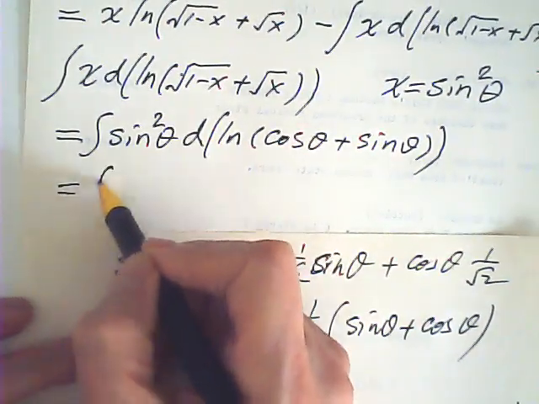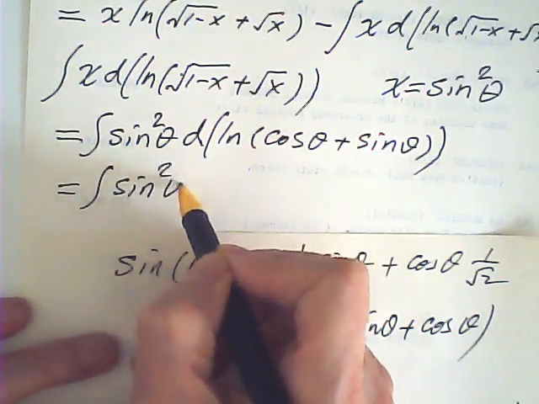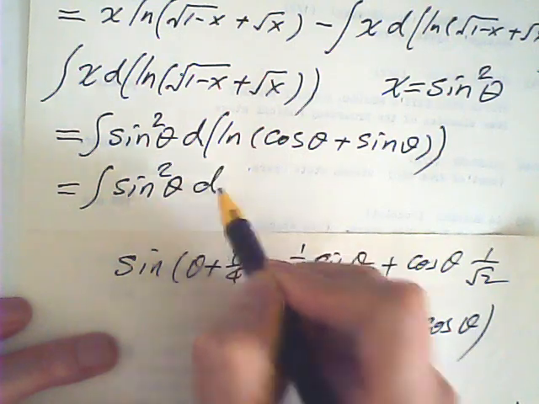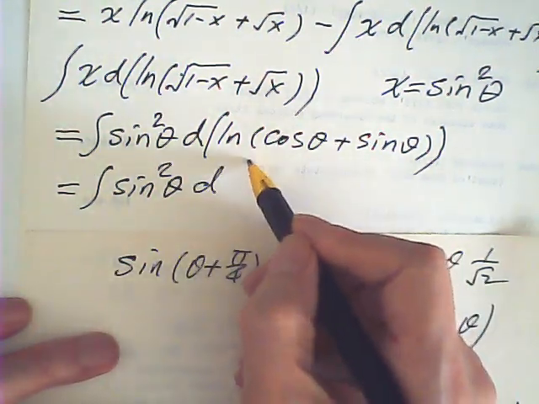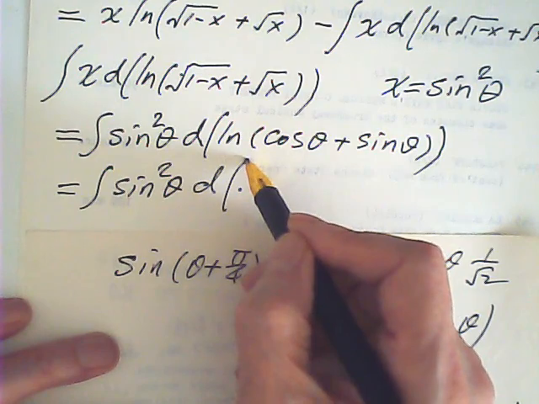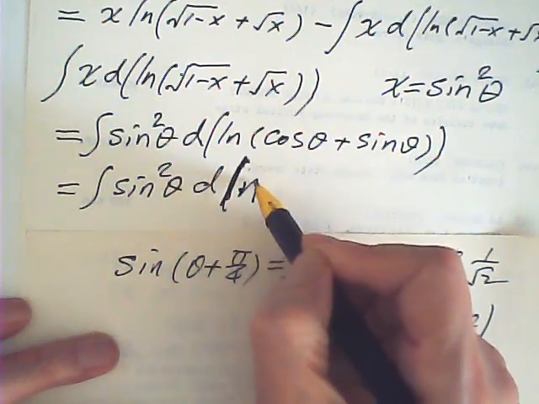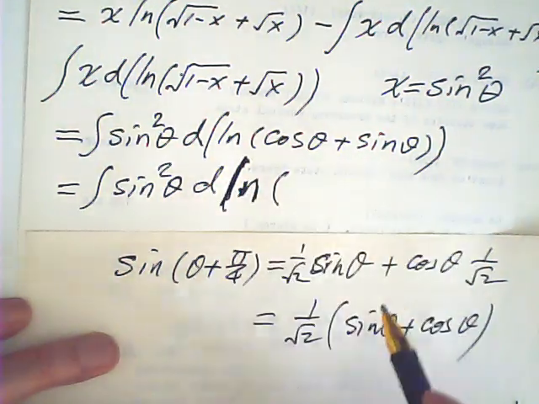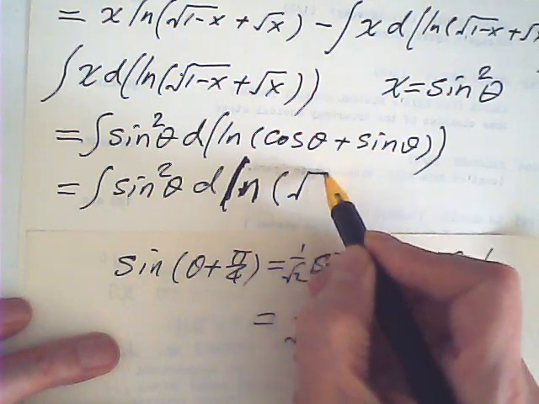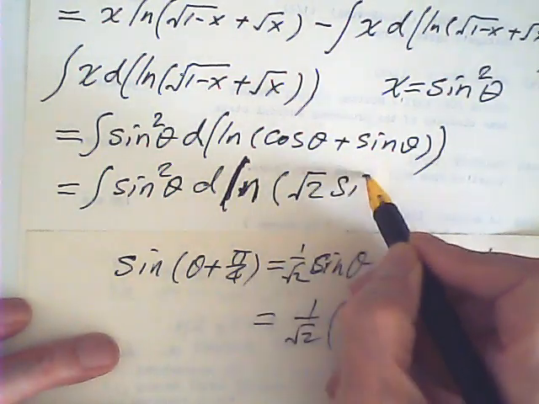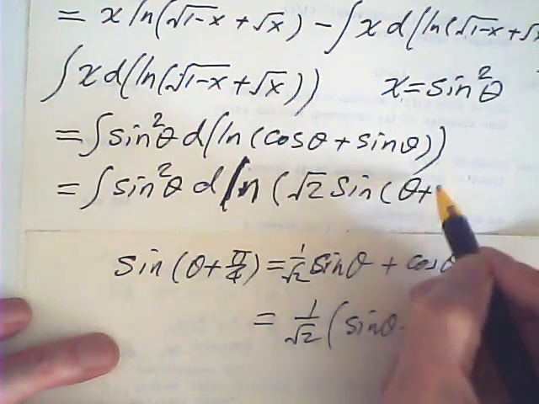So this one equals the integral of sine squared theta d log of root 2 times sine of theta plus quarter pi.